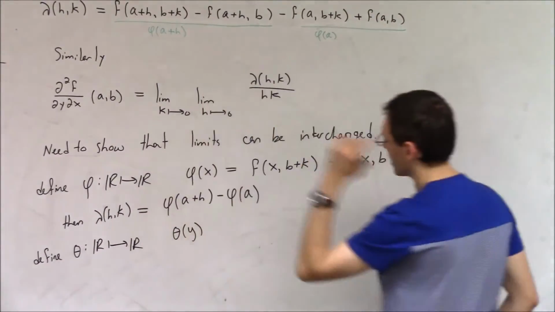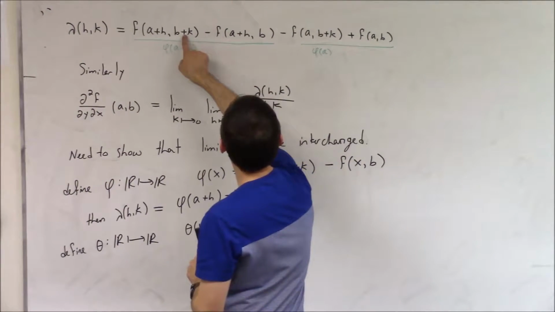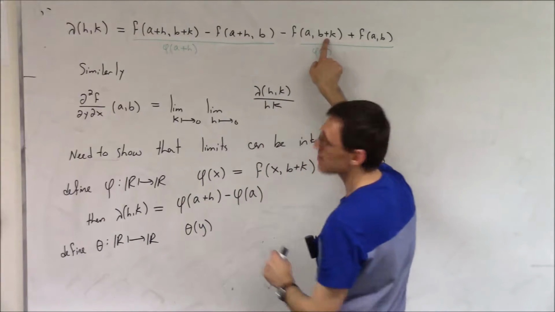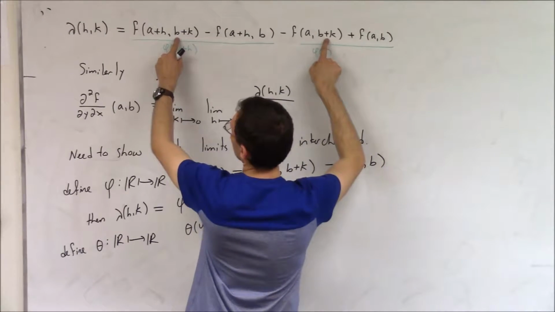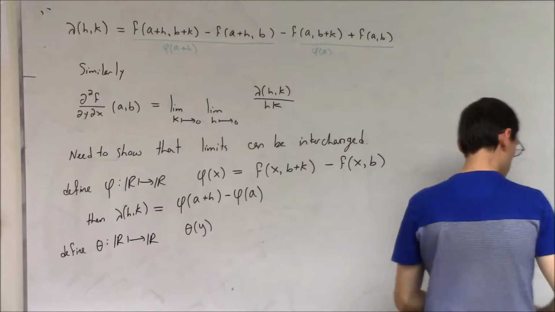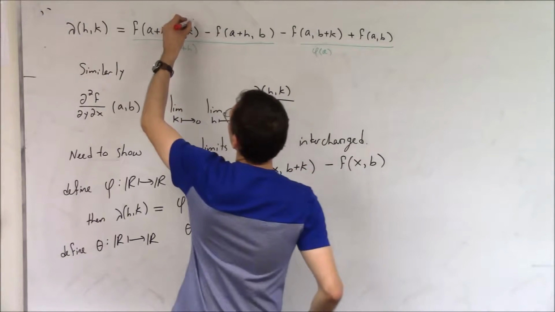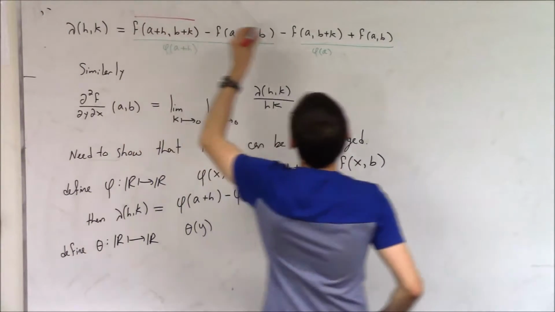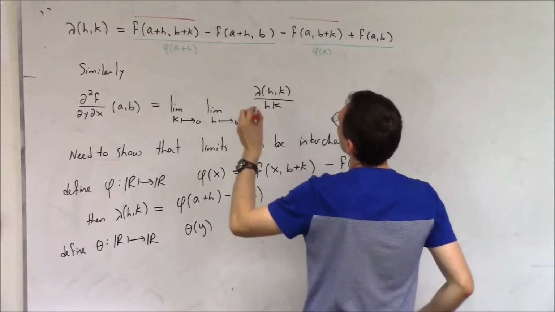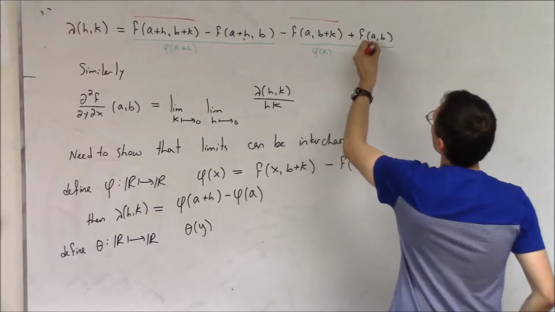You can also group it in terms of y. So you look at b plus k and b plus k here. You group this with that and this with that, like this and like this.